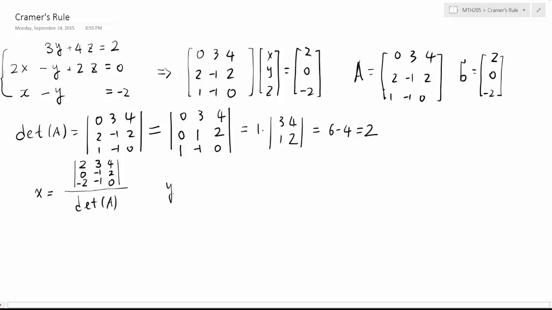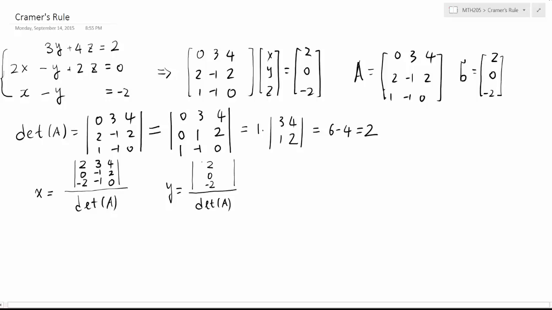For y, we have a similar way to find its value. The determinant is always in the denominator, the coefficient determinant. In the numerator, because y is the second variable, we replace the second column by the 2, 0, and -2.